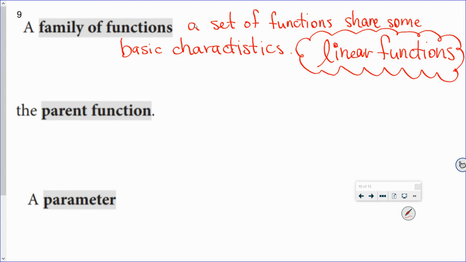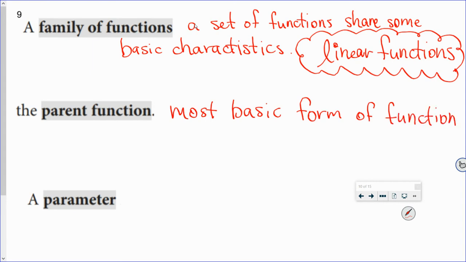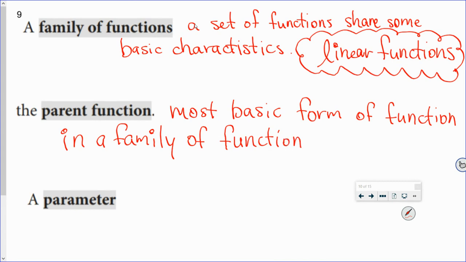The parent function is the most basic form of a function in a family. Now, these are some pretty important words, and just like earlier, the word coefficient, we need to get used to using them.